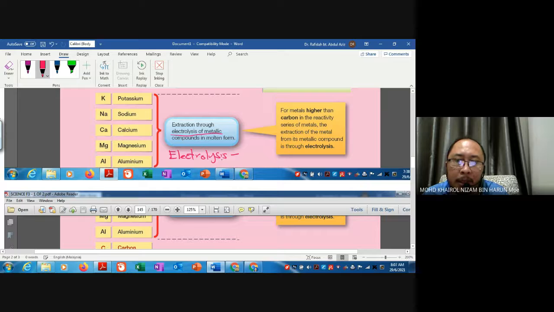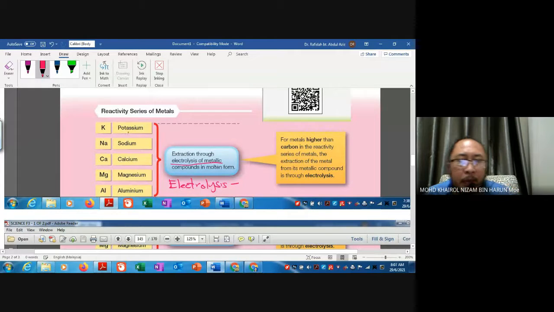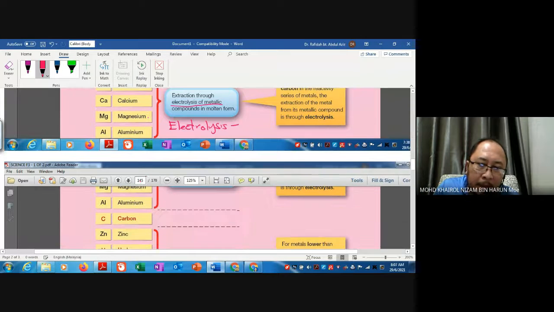So by using electric current, we can extract the metal from their compound. So you have to remember, in order for us to extract this upper position metal, we have to use the method of electrolysis.